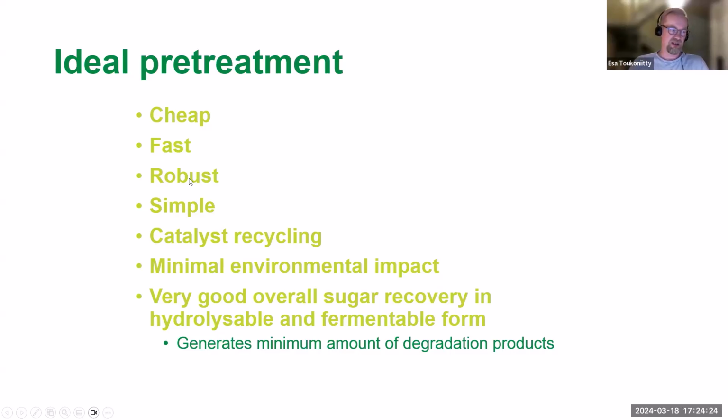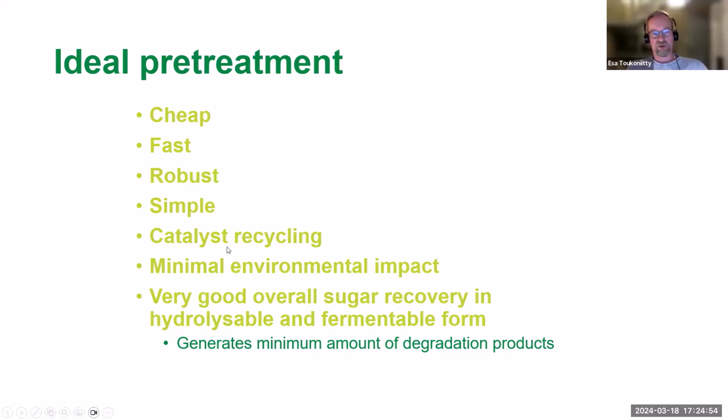Robust meaning that it's stable and can tolerate, let's say, different feed compositions, different temperatures, etc., so that it's not sensitive to something. It would be beneficial to be simple rather than very complicated. Complicated usually means expensive.